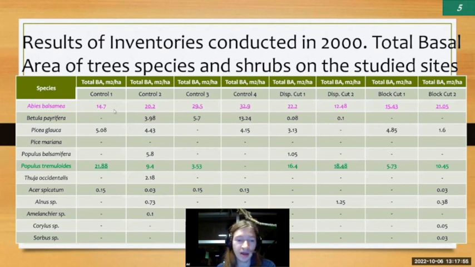Some have a higher share of balsam poplar, while others have more trembling aspen. There are also other species like paper birch and spruce, for example, but the share is quite small.